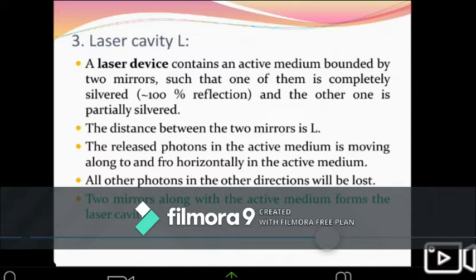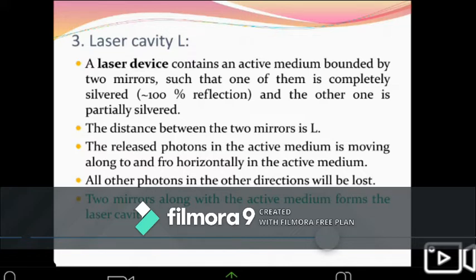The photons, once they are released within the active medium, move in to and fro motion, because you have two mirrors. The photon that is released keeps moving horizontally, and it sees the mirror on one side, so it gets reflected and keeps moving. While on its move, it creates more stimulated emissions, as you saw in the last class.